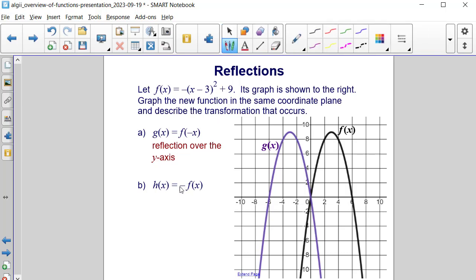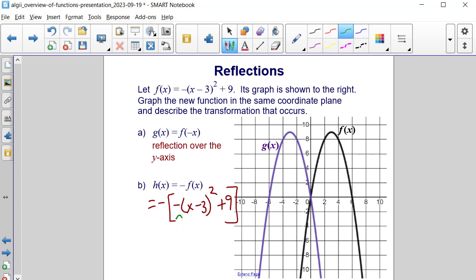So this negative out in front goes to everything in f of x. So we have negative of, and I'm going to put the whole thing in big brackets, negative x minus 3 squared plus 9. So there are two terms in this set.